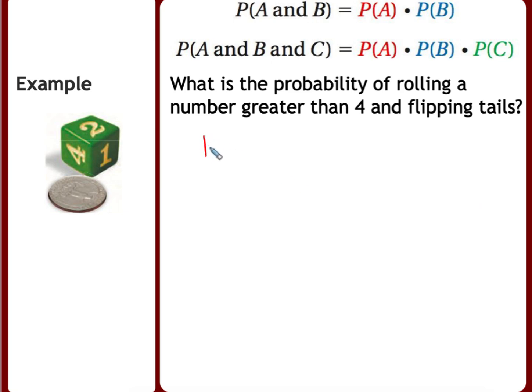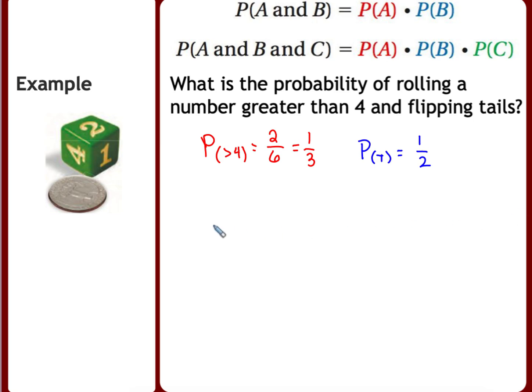So the probability of rolling a number greater than 4, well, we know we can do a 5 and a 6. So that's 2 numbers are greater than 4 over 6 possible, which is simplified to 1/3. And then the probability of flipping tails is obviously 1/2.